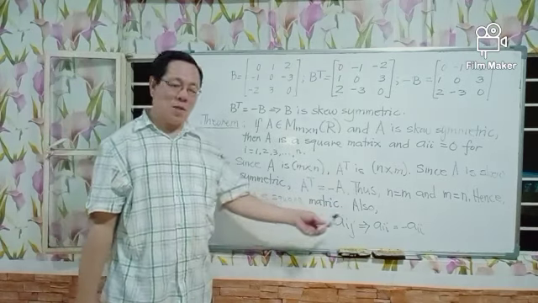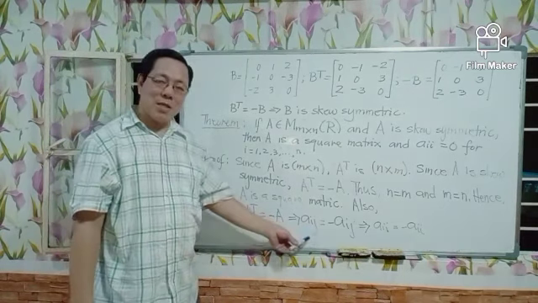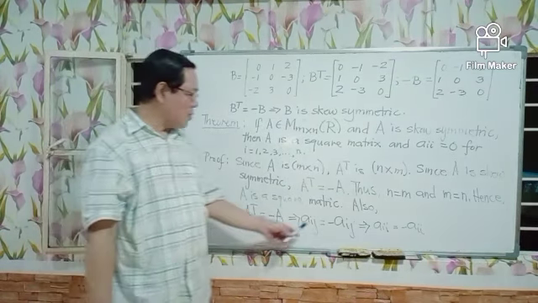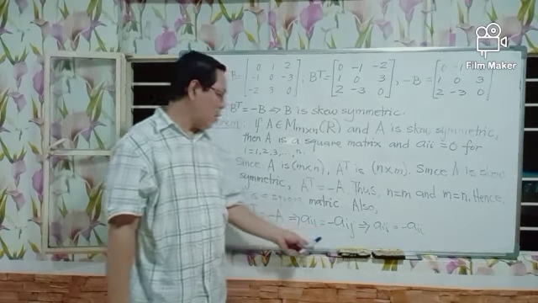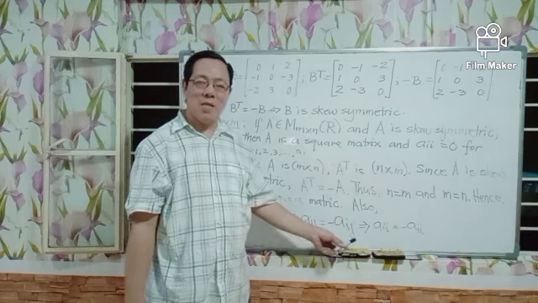So we write also, if A transpose is equal to negative of A, the ij entry of A transpose should be equal to the ij entry of the negative of A, which we denote by negative A sub ij.